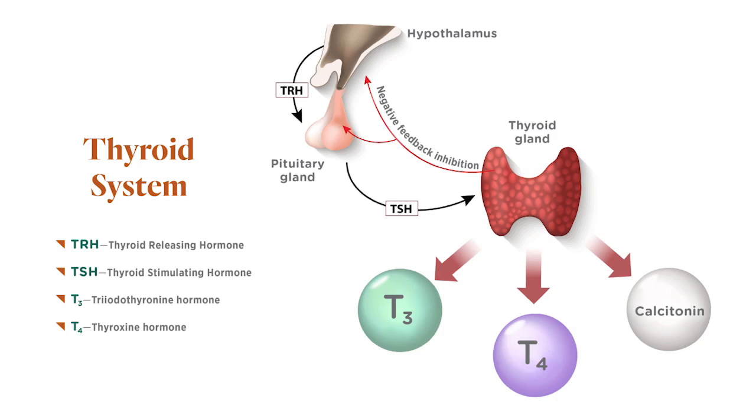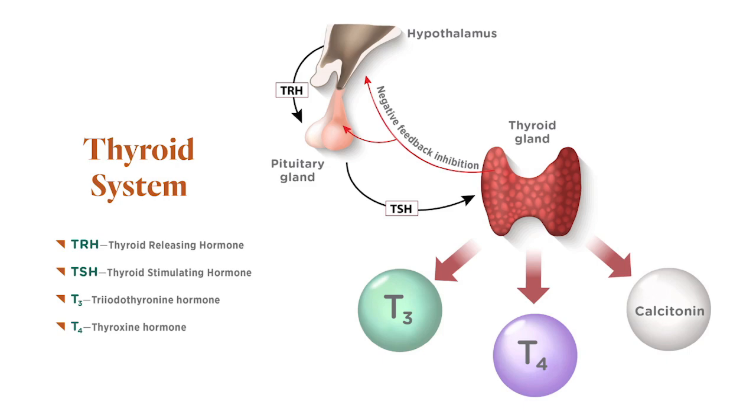When T3 and T4 levels are low, it responds by releasing thyrotropin releasing hormone, or TRH. The TRH in turn stimulates the pituitary to produce thyroid stimulating hormone, or TSH. The TSH in turn stimulates the thyroid to produce thyroid hormone until levels in the blood return back to normal.